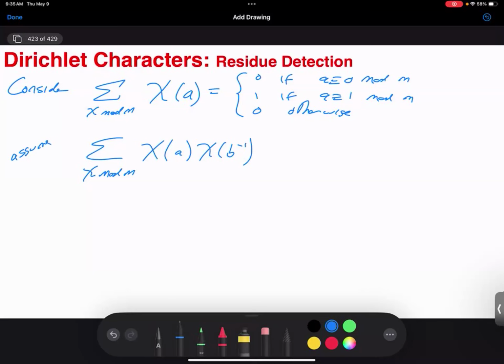What would we get? This is going to be the same as the sum of chi mod m of chi of a b inverse.